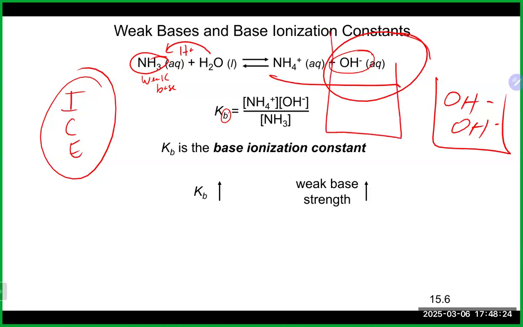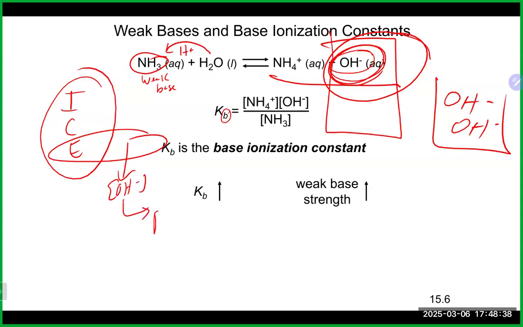At equilibrium, we actually will have the hydroxide concentration and not the H plus concentration. So when you're done, you will have the concentration of hydroxide, which means you need to go the pOH route first and then into the pH.